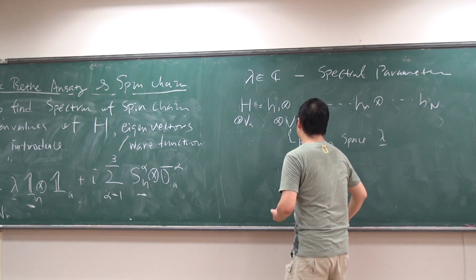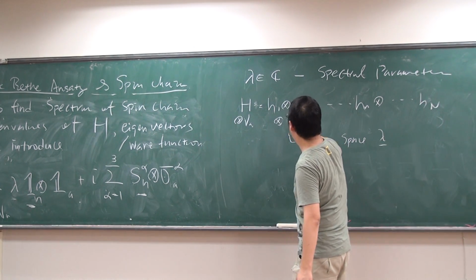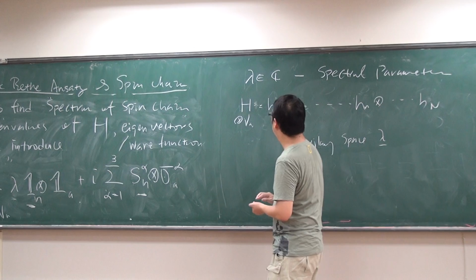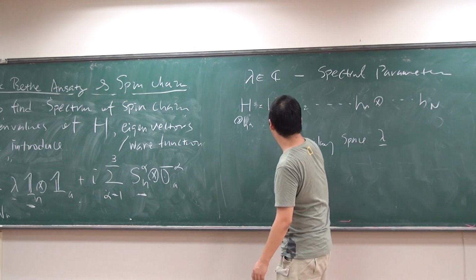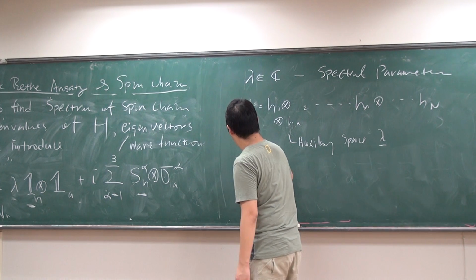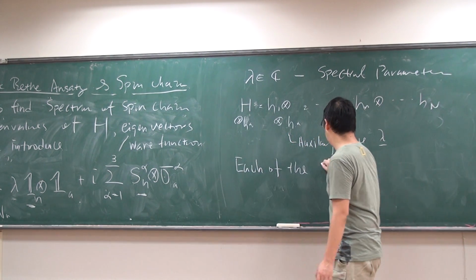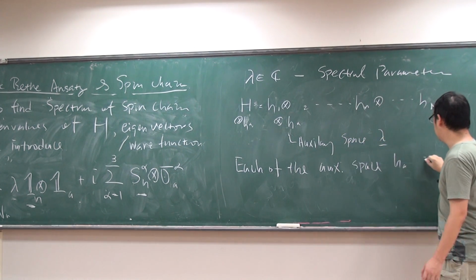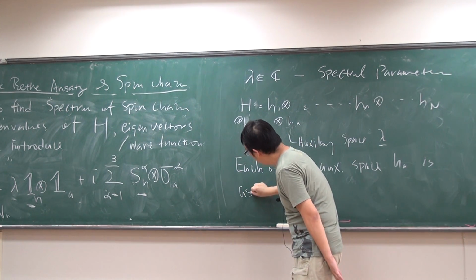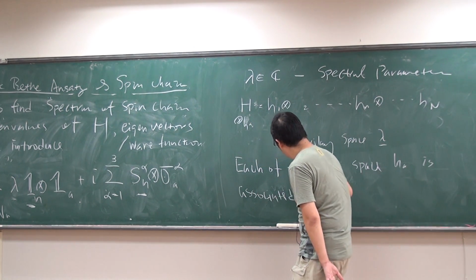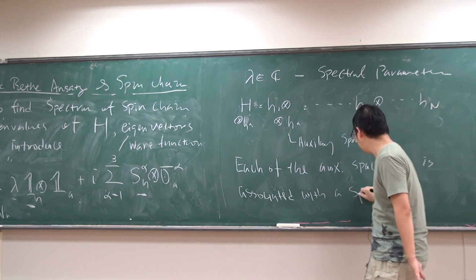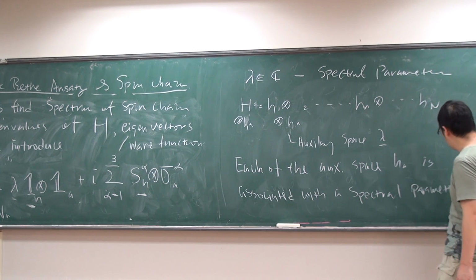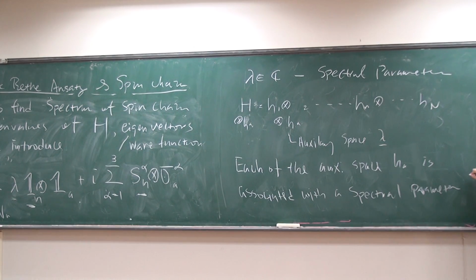So I guess I could also call this HA. And each of those auxiliary spaces HA is associated with a spectral parameter lambda.